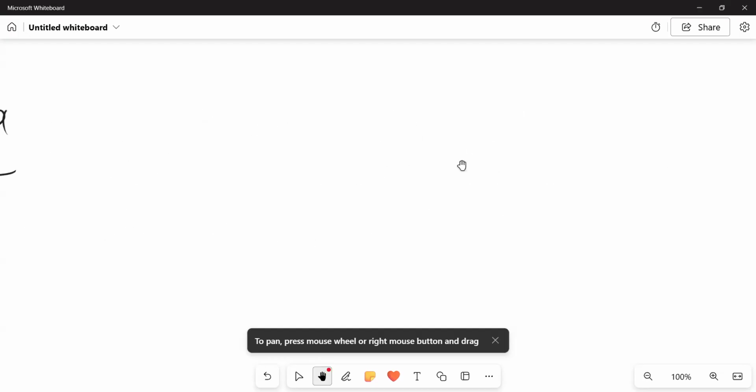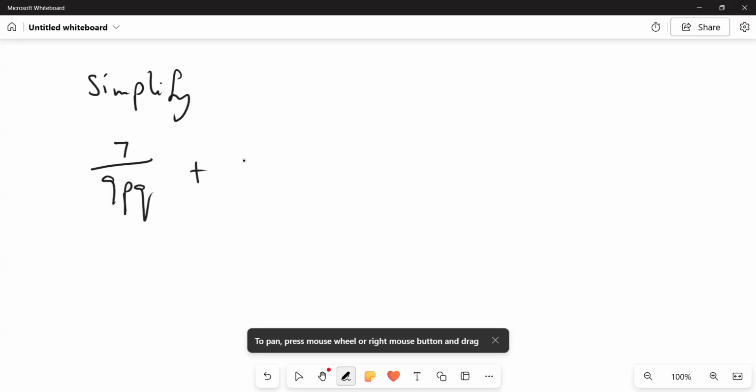Let's take another one. Let's say you have to simplify, I see this one in our notes, 7 over 9pq plus 5 over 18p. So what's going to be your LCM here? Your LCM is going to be 18pq, right? Can't be just p, because there's a q here, you see?